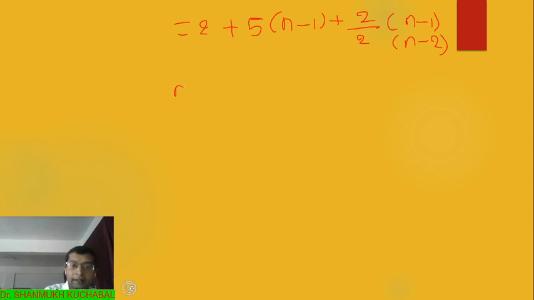Further we write the nth term. If you simplify this, we get 2 plus (n minus 1)(n plus 3). So this is the nth term.